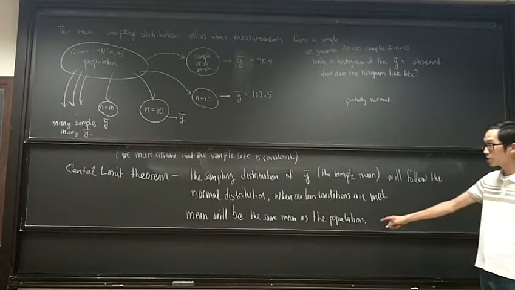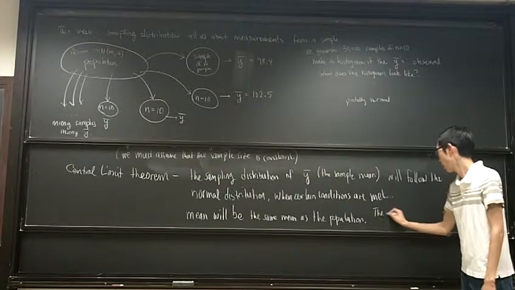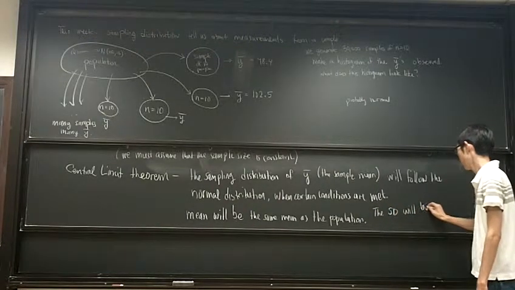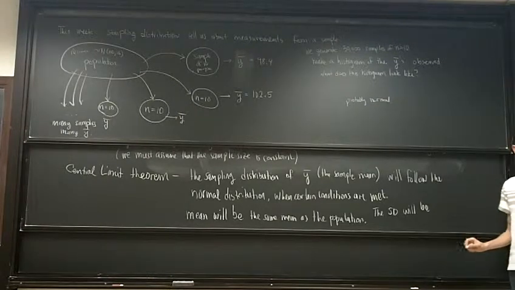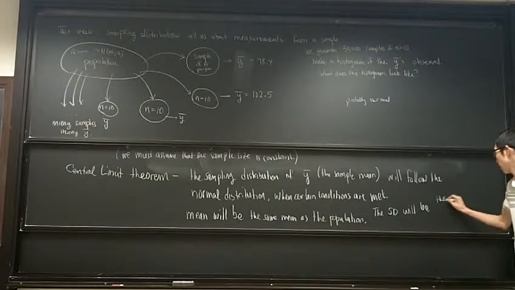And the standard deviation of this normal distribution will be the population standard deviation divided by the square root of n.